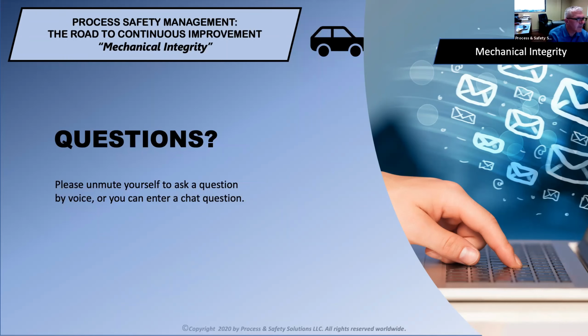The next question I have: if it's a new construction, wouldn't the general contractor be responsible for those verifications? No, and yes. If it's a new construction, it's your facility, and the facility has responsibility to make sure that all of the process safety information is not only developed, but documented, and you should be doing the PHA itself.